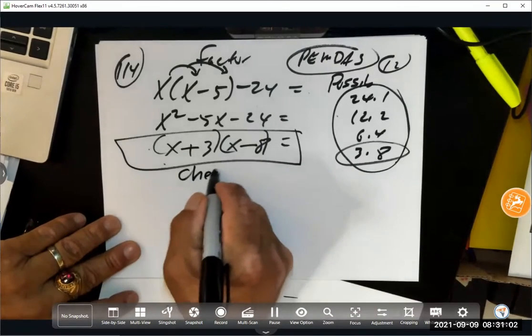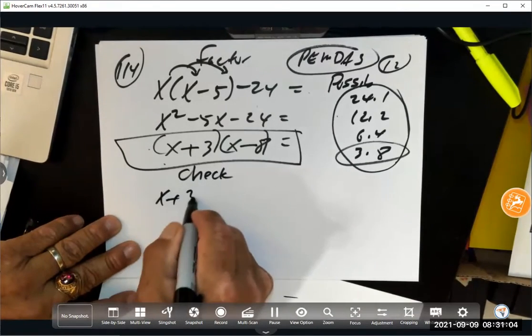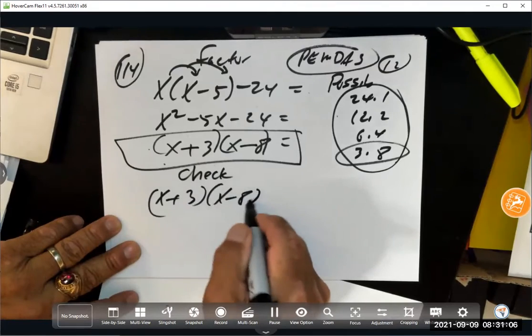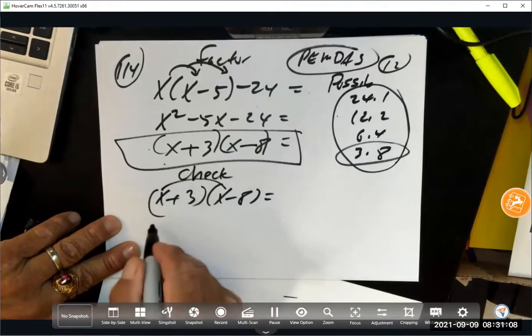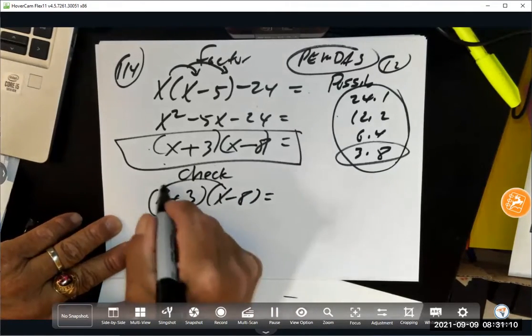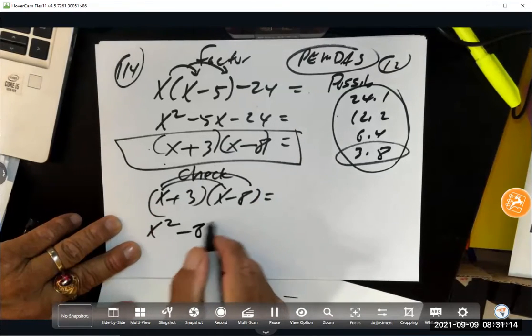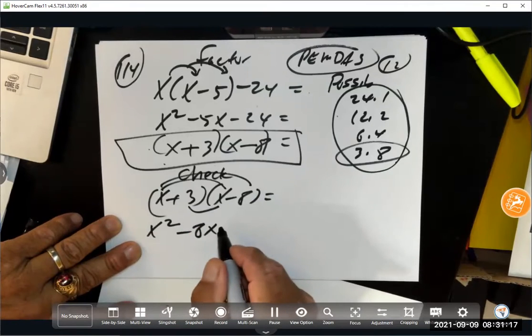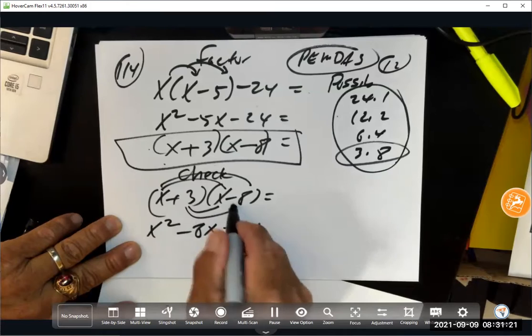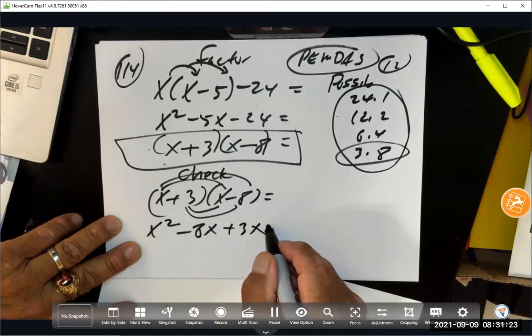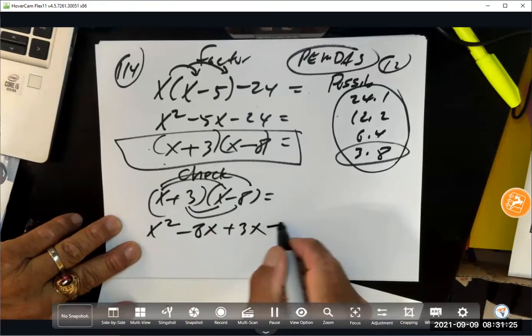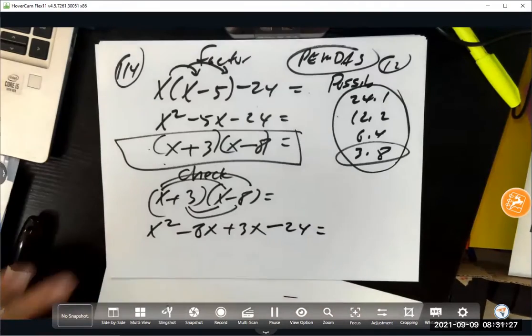To make sure that I don't mess it up, I just check it. Is x plus 3 times x minus 8 correct? Oh no. x times x is x squared. Got it. What's x times negative 8? Negative 8x. What's 3 times x? 3x. What's 3 times negative 8? Negative 24. Okay. All right.